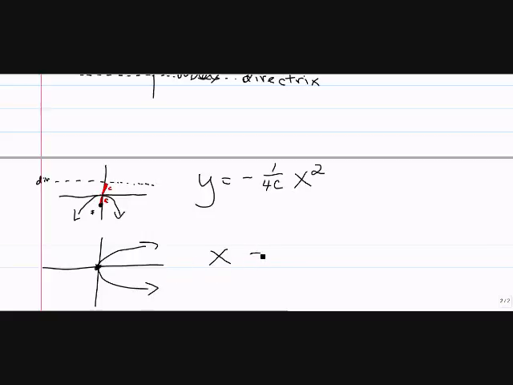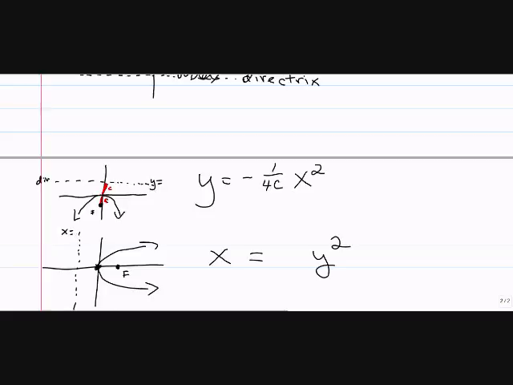So this is going to be an x equals y squared. Focus is going to be here. Directrix is going to be here. And this directrix is going to be an x equals line, whereas the directrix for the previous one was a y equals line.